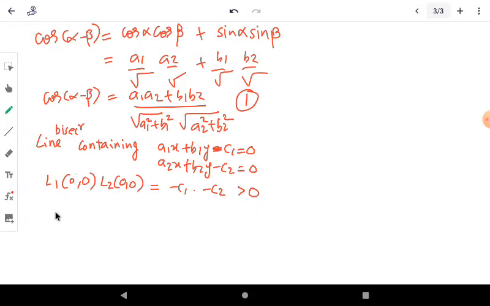So the bisector line containing origin would be given by L1 by under root a1 square plus b1 square is equal to plus L2 by under root a2 square plus b2 square, where L1 means this whole expression and L2 is the expression a2x plus b2y minus c2. So the bisector line containing origin is given by this. Let's say this is the second conclusion.